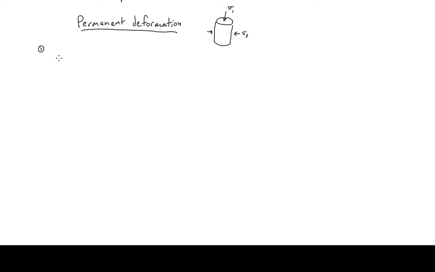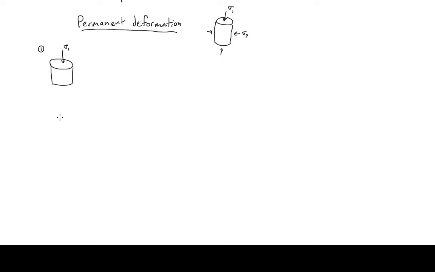So in one case, we have what we call brittle deformation. And whenever I draw sigma 1, there's an implied balancing. It's implied here that these are balanced, otherwise this thing would be moving, or we're talking more about deforming it.